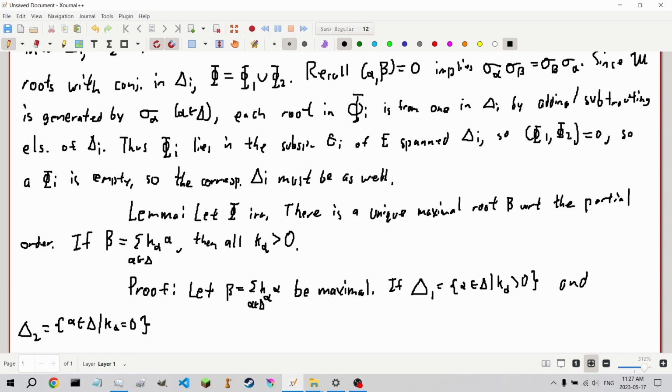We know we're not going to have any negative coefficients, because then we could just swap them around. So then delta 1 and delta 2 form a partition of delta.